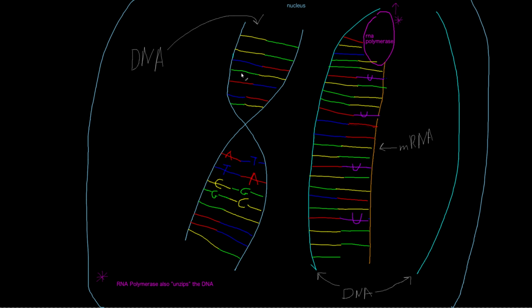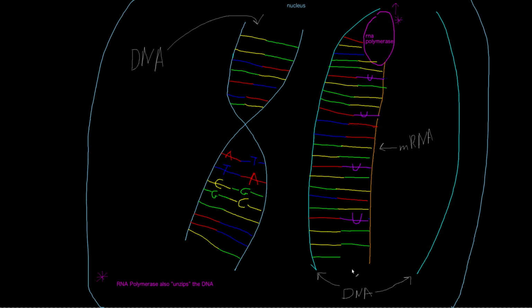To unlock this information and begin transcription, RNA polymerase comes in, and RNA polymerase unzips the DNA. So you can see here it's in a double helix, and here the DNA has been separated into a left strand and a right strand by the RNA polymerase.